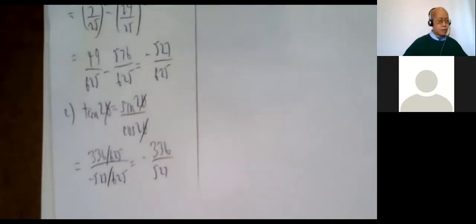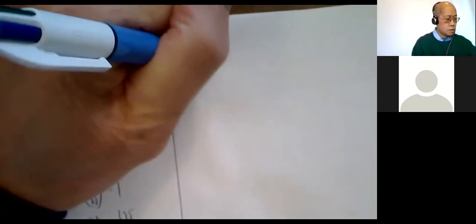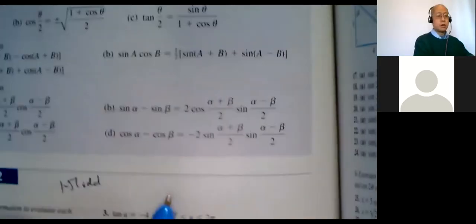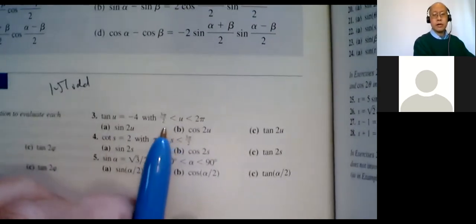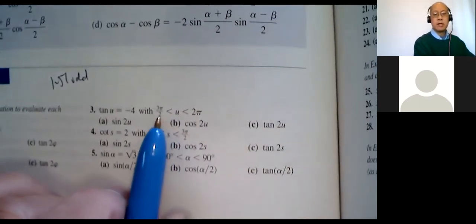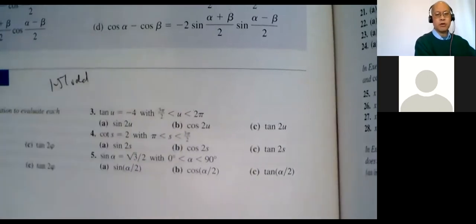Okay, how about I do number 3? Tangent of u is negative 4. What quadrant are we in? Between 3π/2 and 2π, that's quadrant 4.